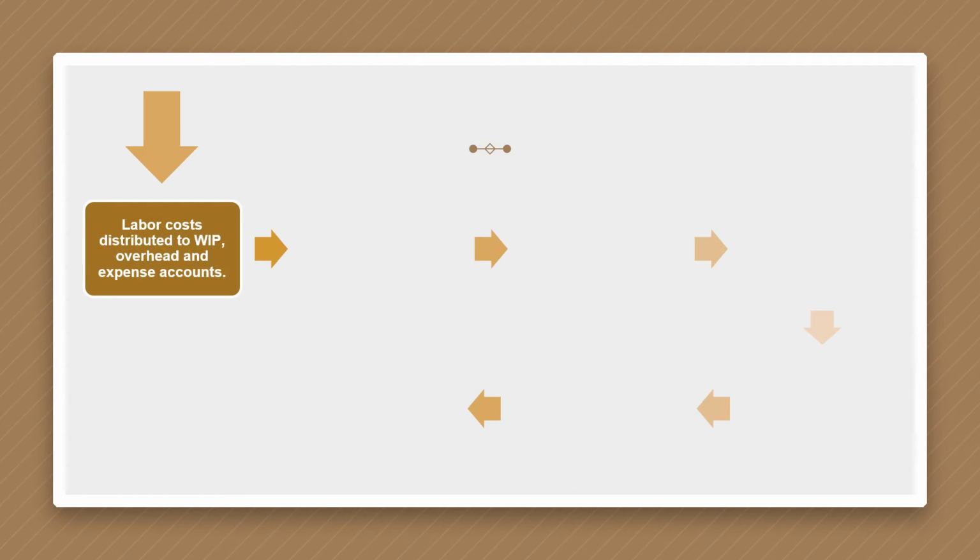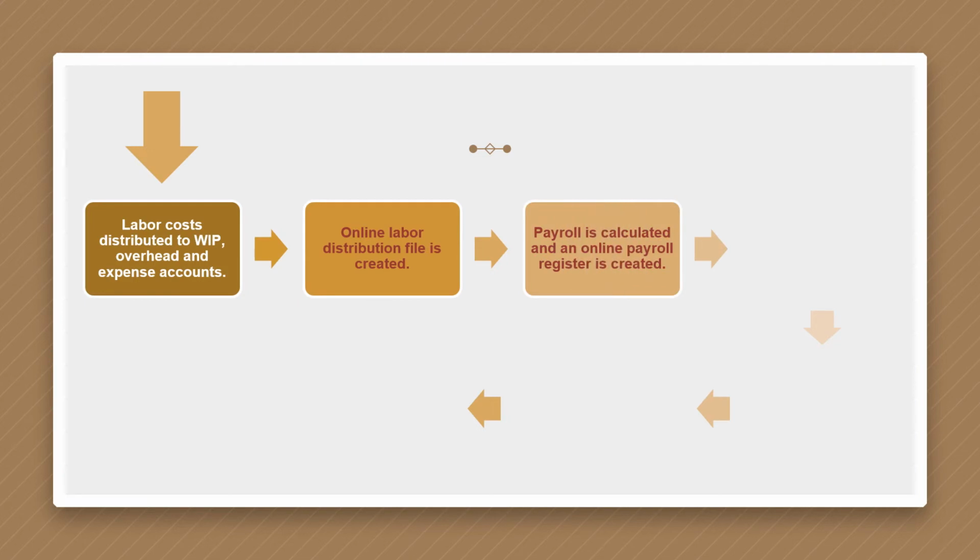The labor cost is distributed to work in process, overhead, and expense accounts. An online labor distribution file is created, and then payroll is calculated, and an online payroll register is created. Employee record files are updated.